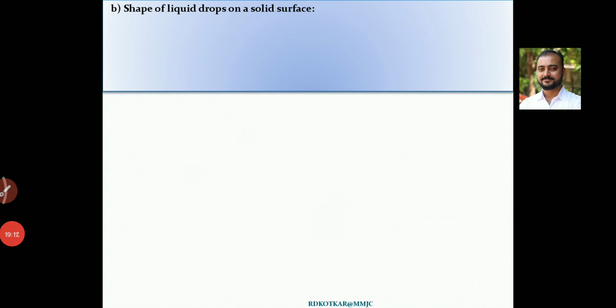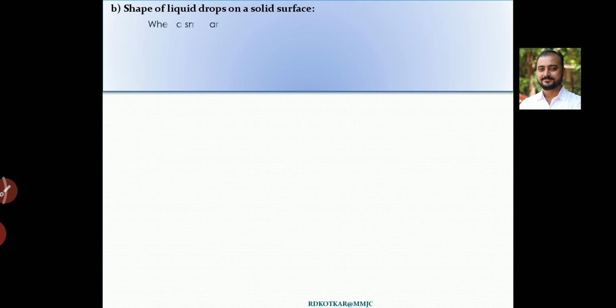The next point that we have to discuss in this lecture is the shape of a liquid drop on a solid surface. When a liquid drop is poured on the surface of a solid, which shape will be formed?